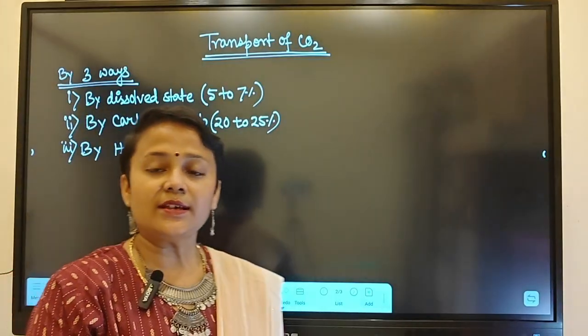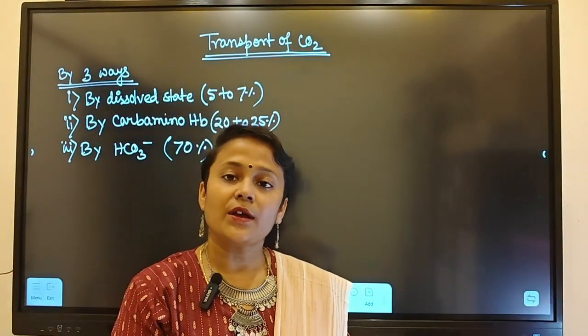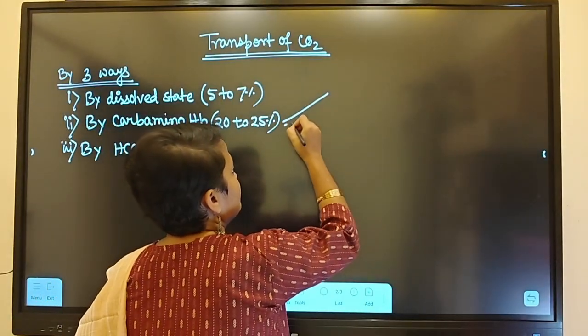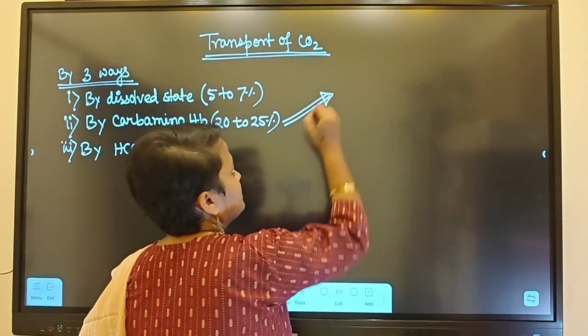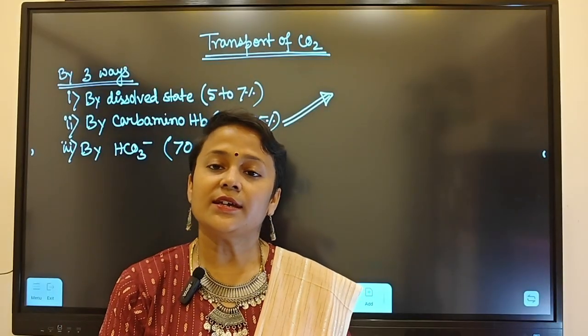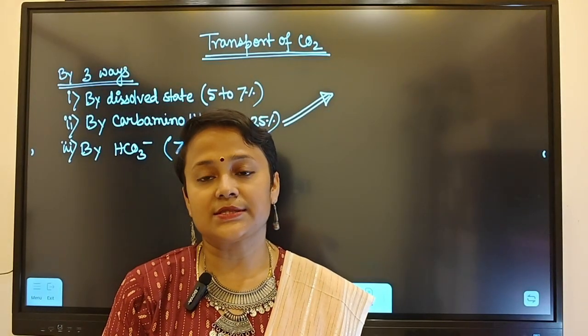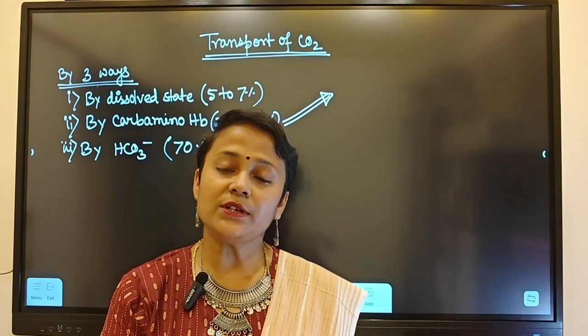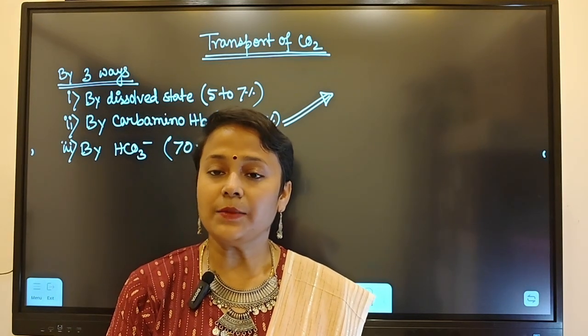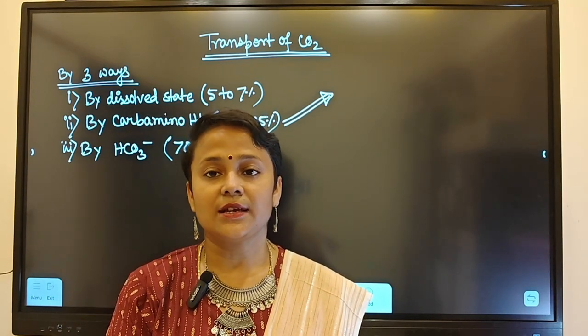By dissolved state, there is nothing much to discuss, but by carbamino hemoglobin, how will it be transported? We know that hemoglobin has 4 subunits, 2 alpha subunits and 2 beta subunits, and subunits are made up of proteins.